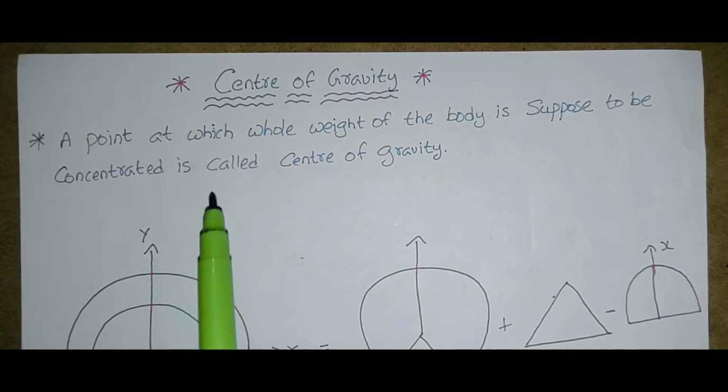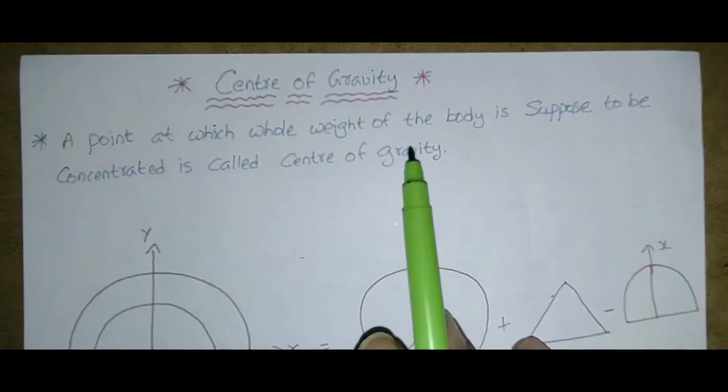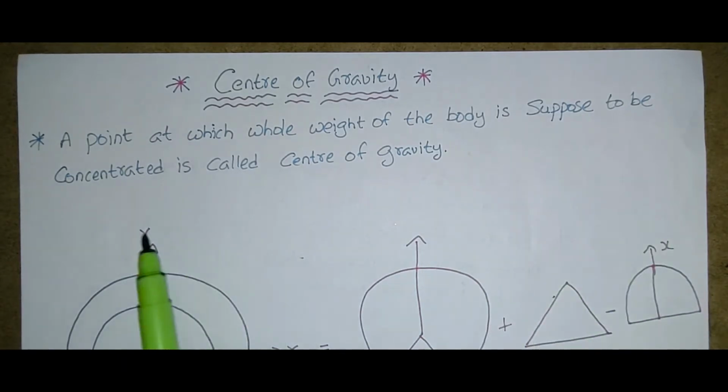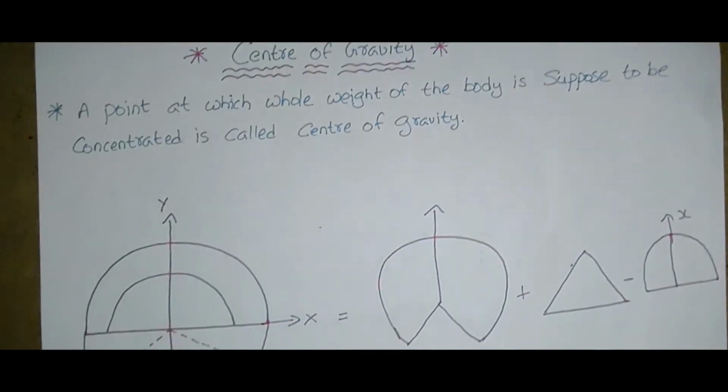Okay, a point at which whole weight of the body is supposed to be concentrated is called center of gravity. Okay, center of gravity means a point at which whole weight of the body is supposed to be concentrated is called center of gravity.